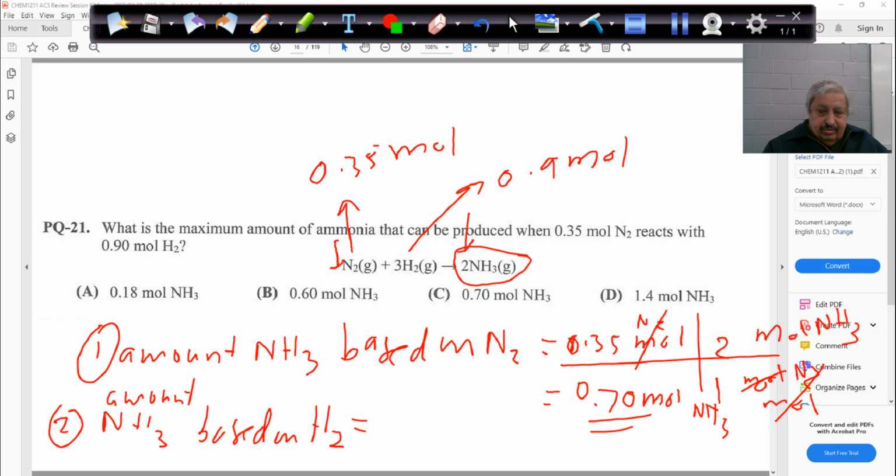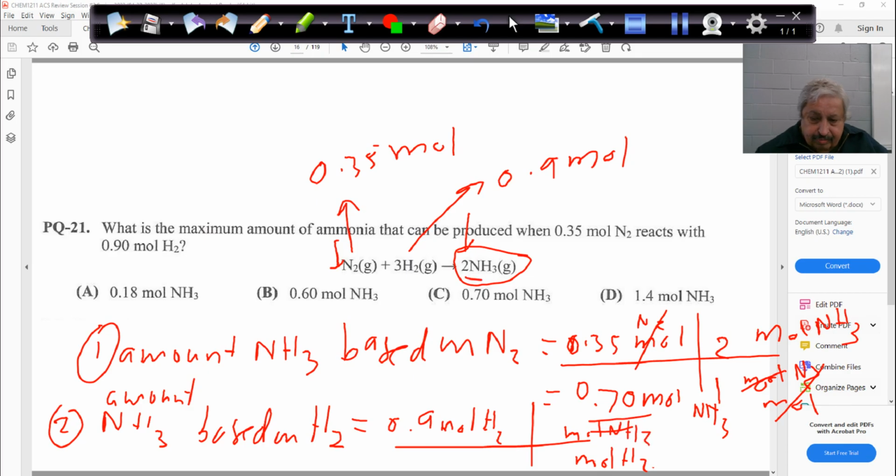Based on hydrogen it is 0.9 mole hydrogen, mole of hydrogen to mole of ammonia.